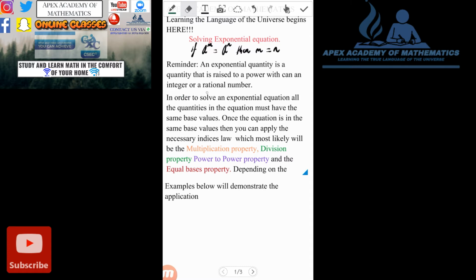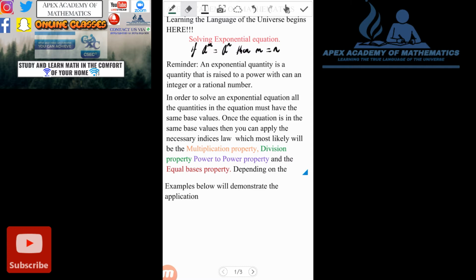In order to solve an exponential equation, all the quantities in the equation must have the same base values. You're going to get a bunch of equations where the bases are not necessarily the same, and then you are going to need to convert them to be the same.